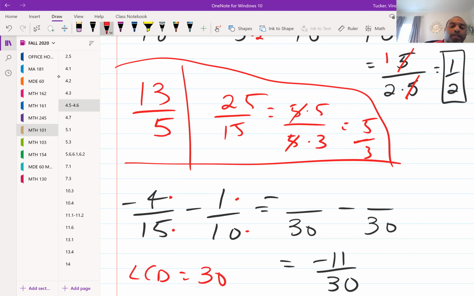So you ask yourself, what times 15 will give me 30, and that'll be 2. So you multiply top and bottom by that, and that'll give me negative 8 in the numerator. And what times 10 would give 30? That'd be 3 right there. I'll leave the 8.